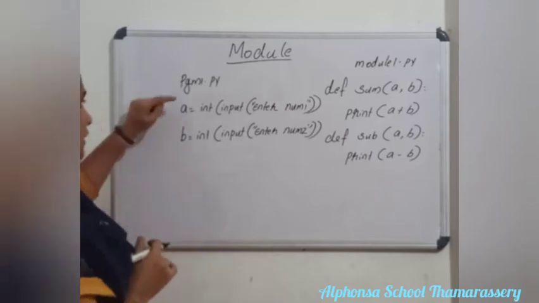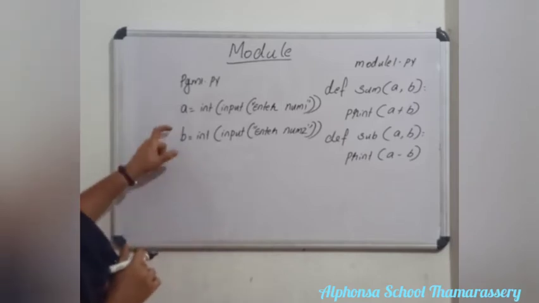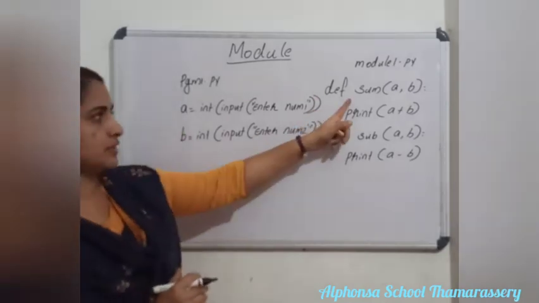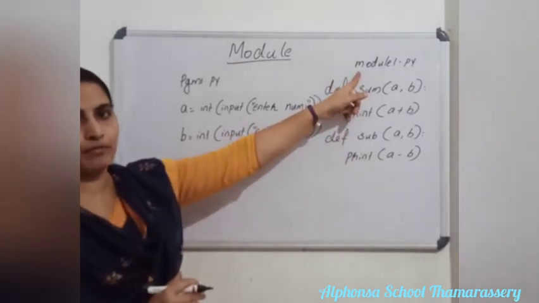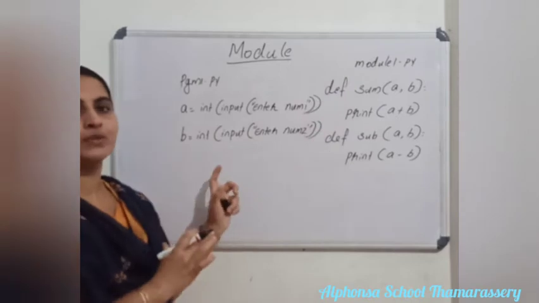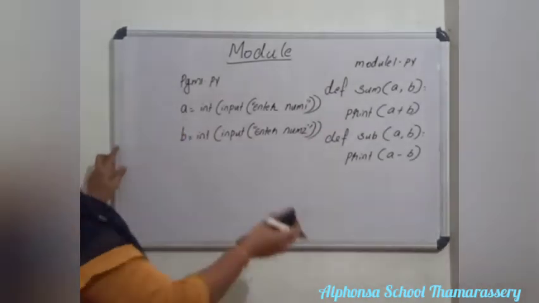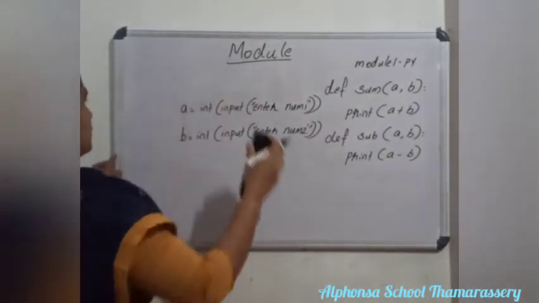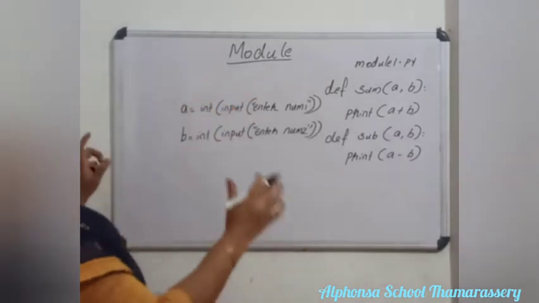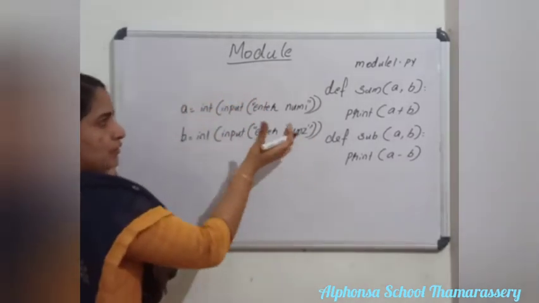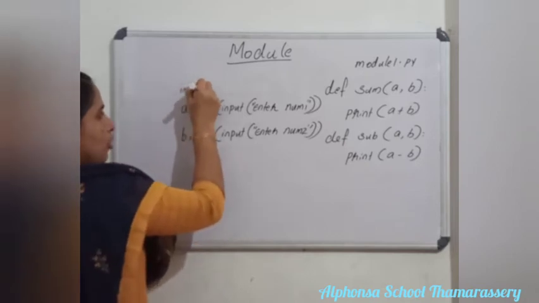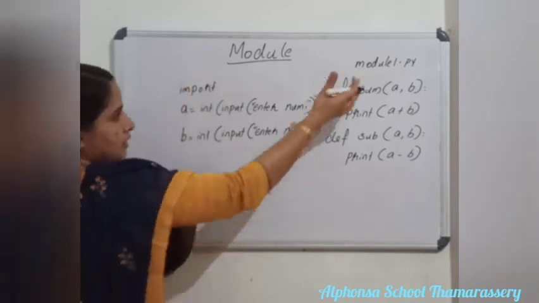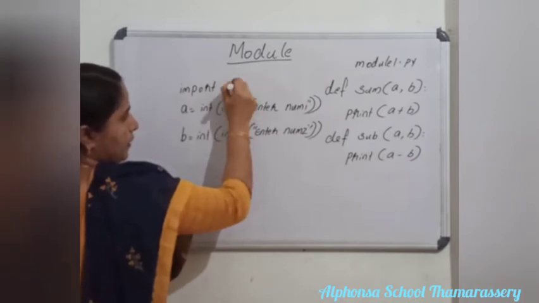In this program, if I need to use a function which is defined in another program file, module1.py, that is possible using a module. How? For using a module which is part of the same interpreter, you use the command import, then the module name, that program's name.